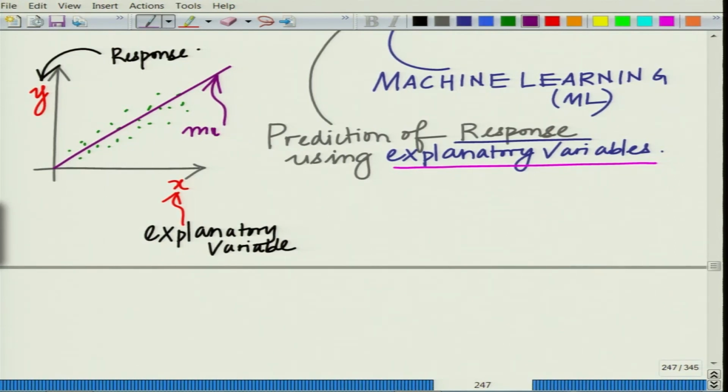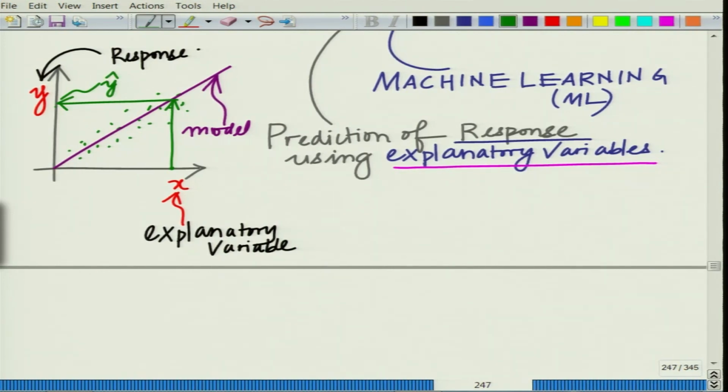So, we fit a linear model so that given any new explanatory variable, one can obtain an idea or estimate of the response y hat.